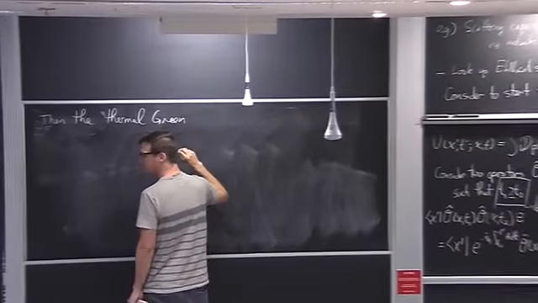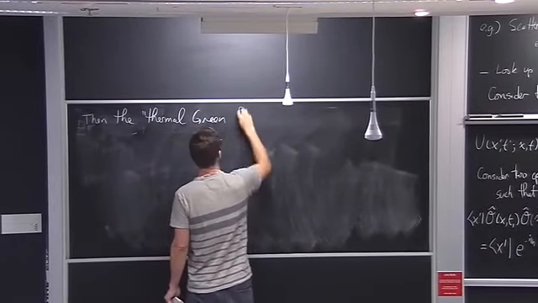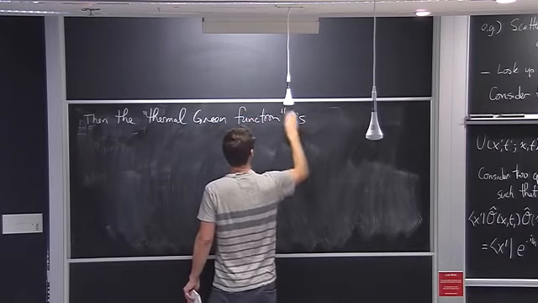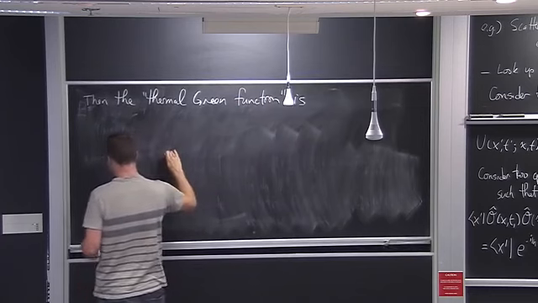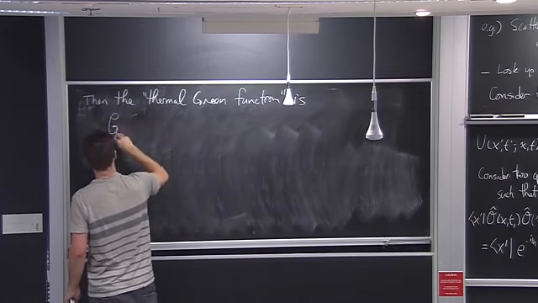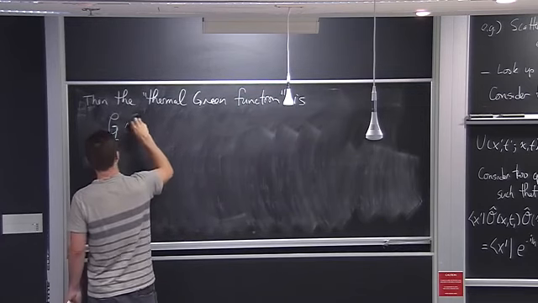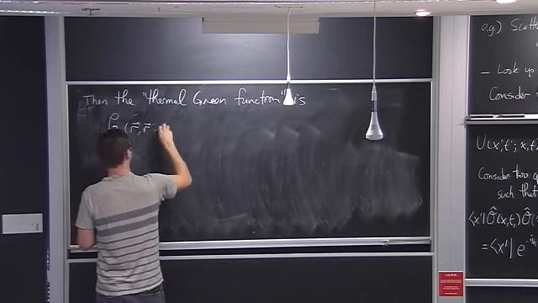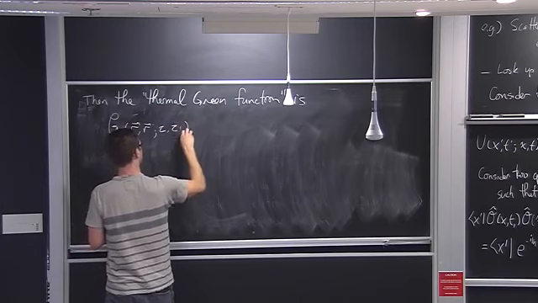I forget if it's Green or Green's. So the thermal Green function by definition, G, can have R positions, and we're in imaginary time.